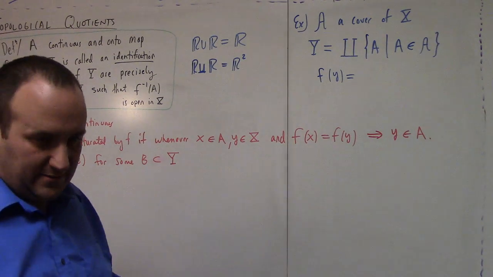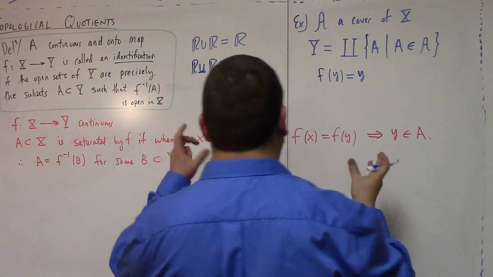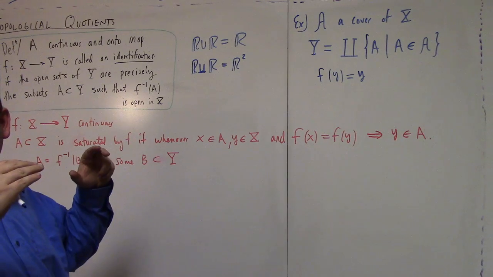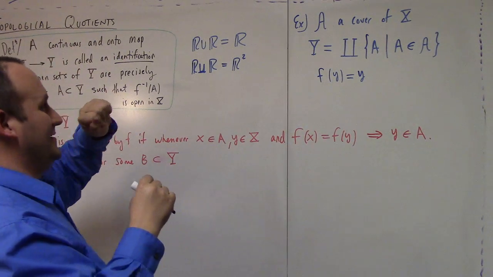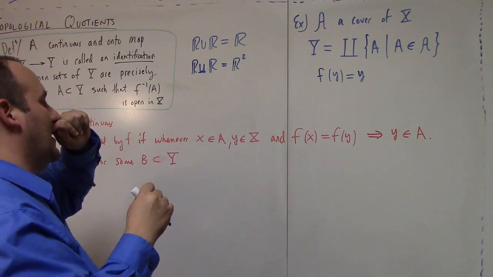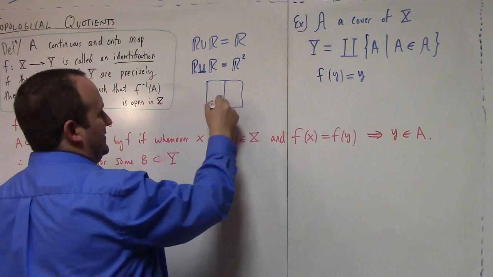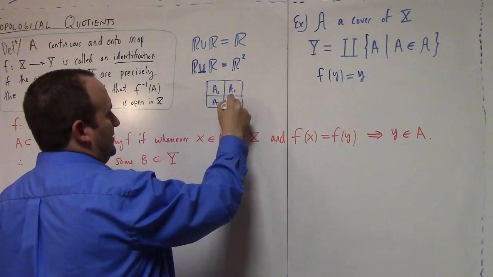It's just y again. The point is, you could have a space that looked like this, as four pieces, A1, A2, A3, A4.